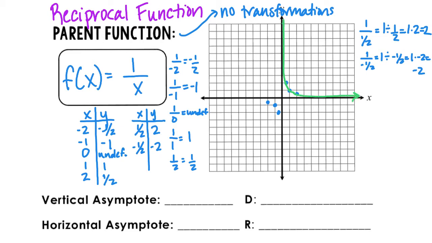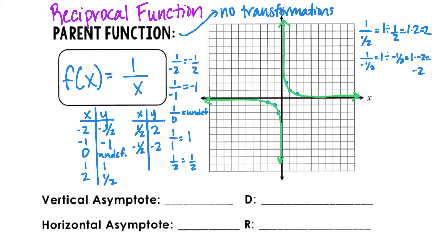So I have to be really careful that I don't cross through them. There we go. So this is what my parent function of the reciprocal function looks like on a graph.